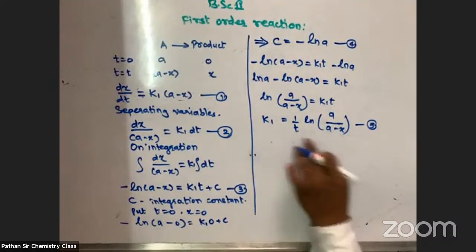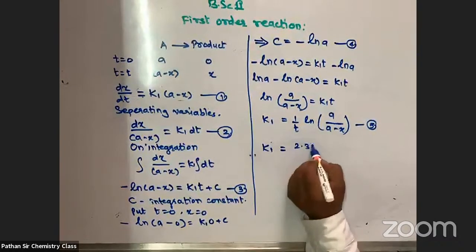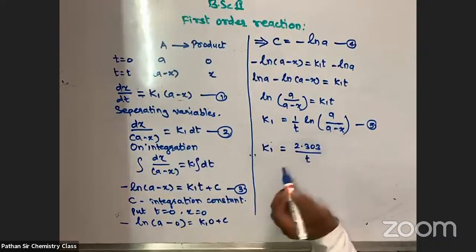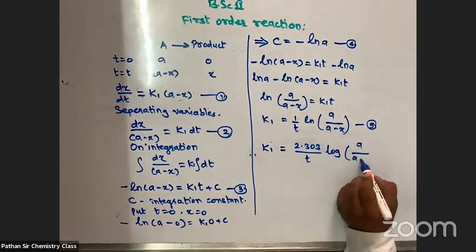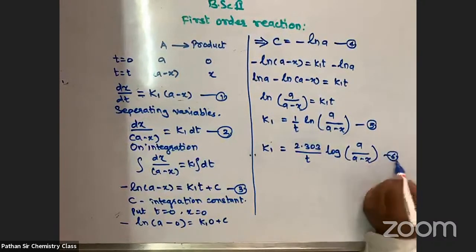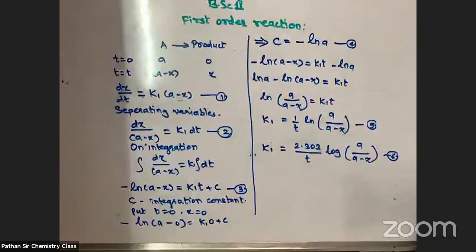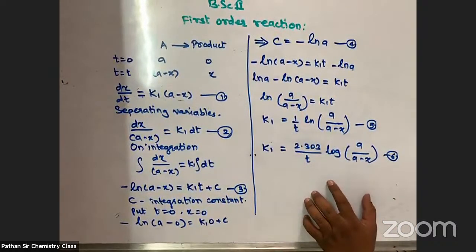Therefore, k1 is equals to 2.303 divided by t into log of a divided by a minus x. Say it as equation number 6. So this equation number 6 is nothing but the last equation, that is the integrated rate expression for first order reaction.